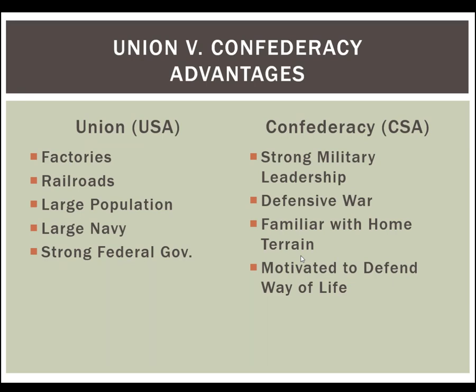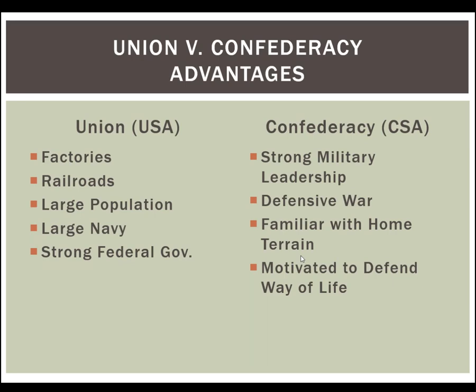They also had a larger navy and a very strong federal government. With the Confederacy just forming and being a confederation, like if you remember from the Articles of Confederation from Unit 2, it had a very weak central government. So because the Union had a strong federal government, a strong central government, it was a little bit more efficient in making decisions and getting things done. The Confederacy did have some advantages.